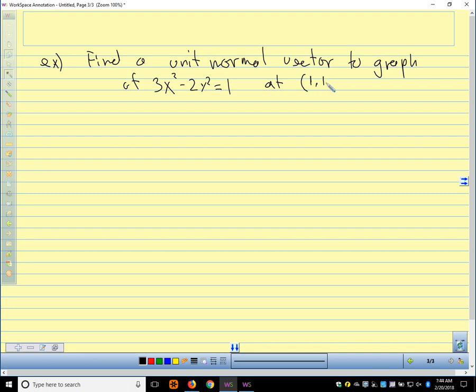This gives us a slightly different way to do that problem. We can think of 3x squared minus 2y squared equals 1 as a level curve of z equals 3x squared minus 2y squared, where the constant is 1. What's going to give us a normal vector to that curve?